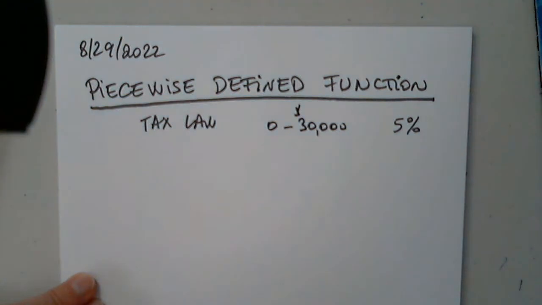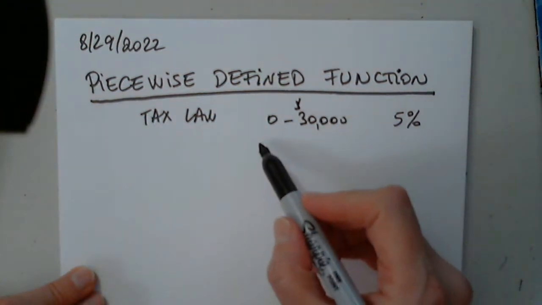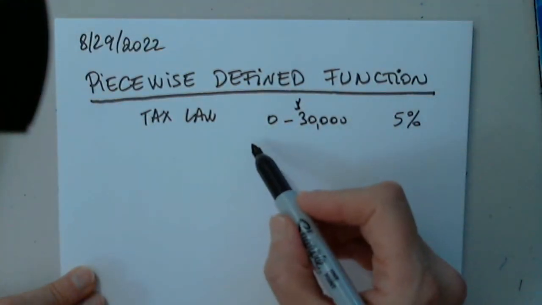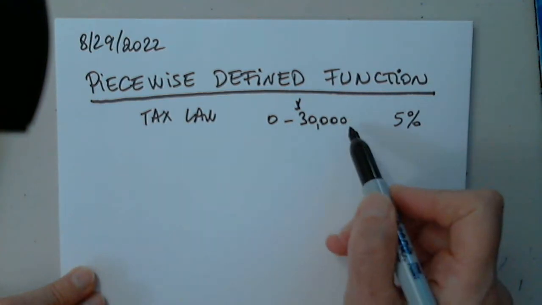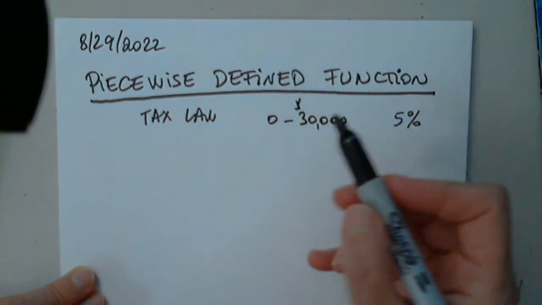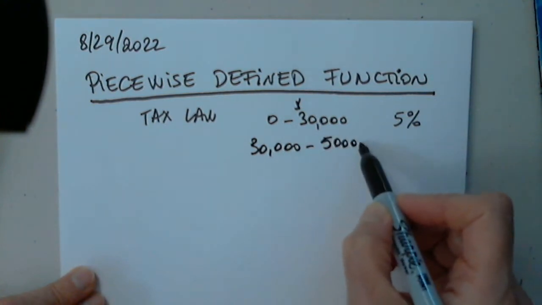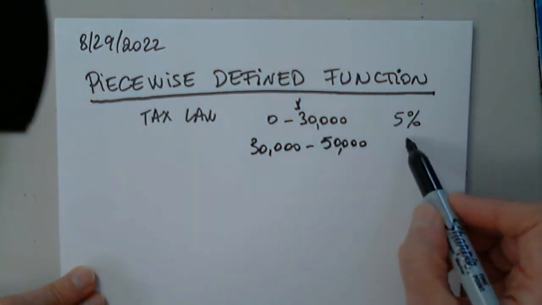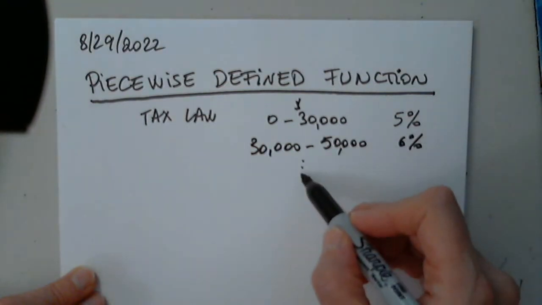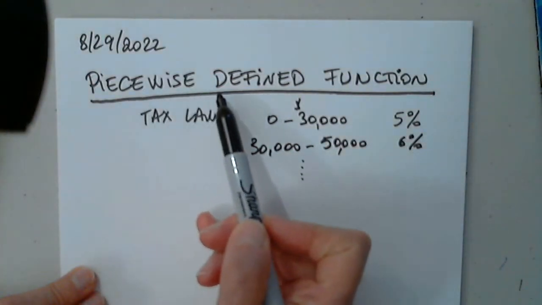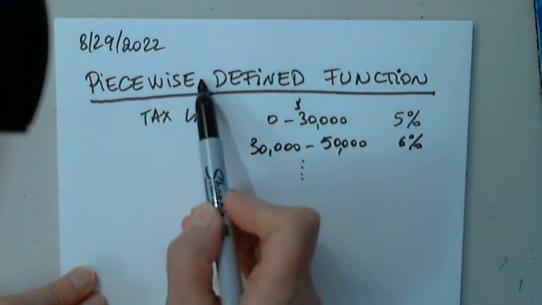Don't rely on these. It's just an example. For someone who makes between 30,001 and, I don't know, 50,000, let's say that person pays 6%, and so on and so forth. This is an example of a piecewise defined function.